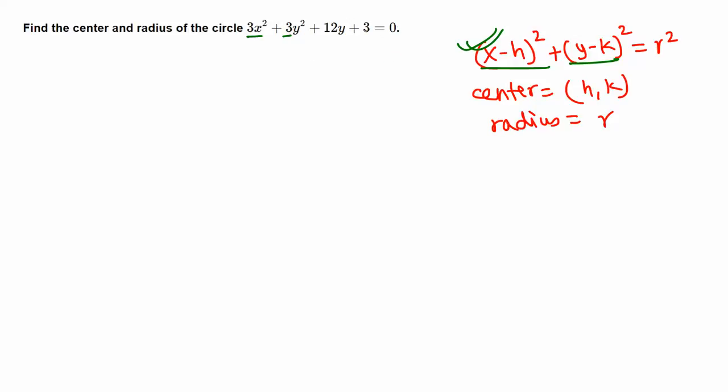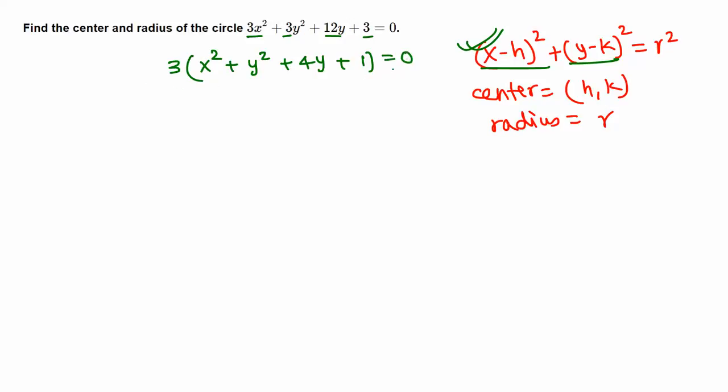So let's factor 3 from all 4 terms. When we factor 3 out, this is x squared plus y squared plus 4y, no fraction, that's good news, plus 1 equals 0.